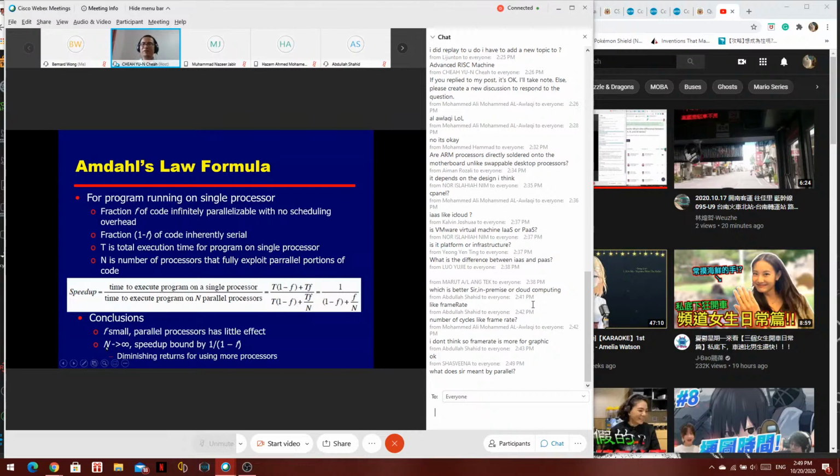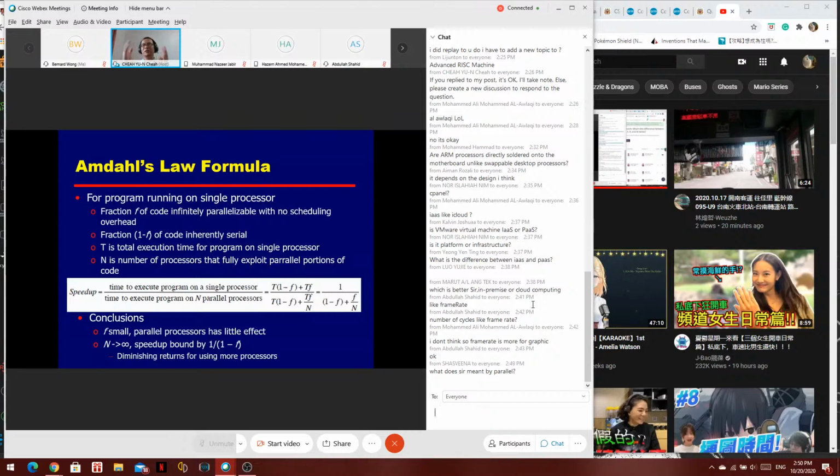However, if you have an infinite number of processors, your speed up will then be dependent on the amount of parallelizable instructions that you have. So the bottom line is, speed up is dependent on how much your instructions can be parallelized.